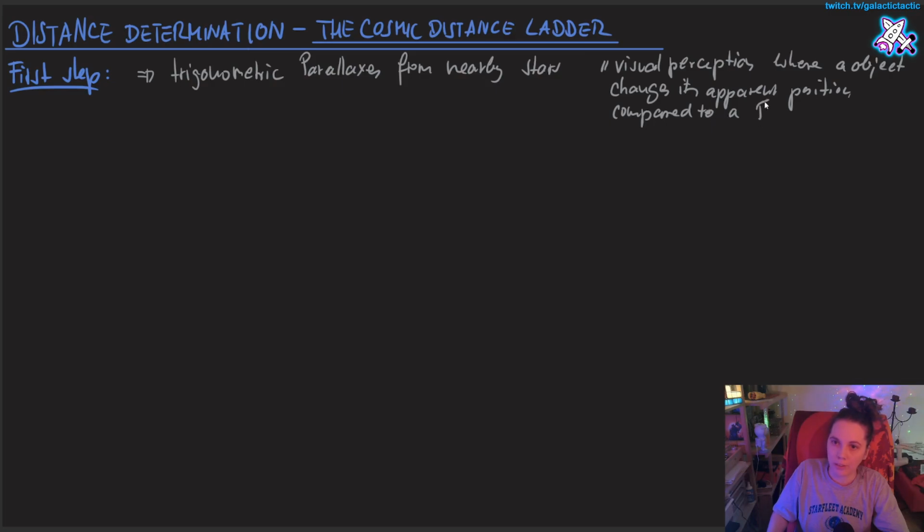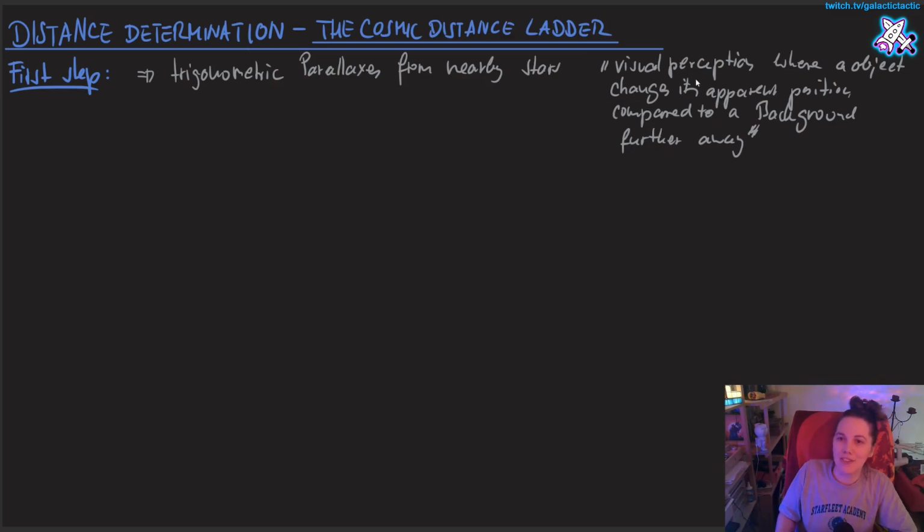That is like a visual trick. You don't need to look to space to see that. You can see that on Earth in real life all the time.